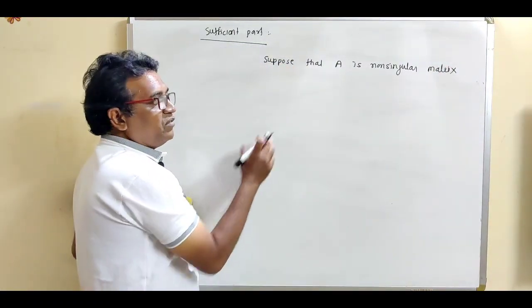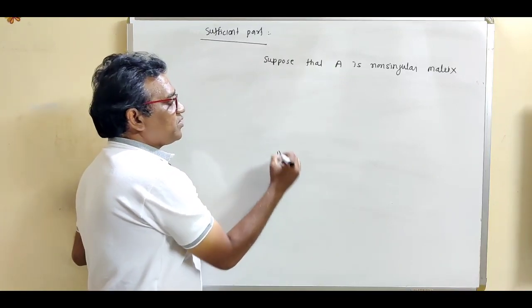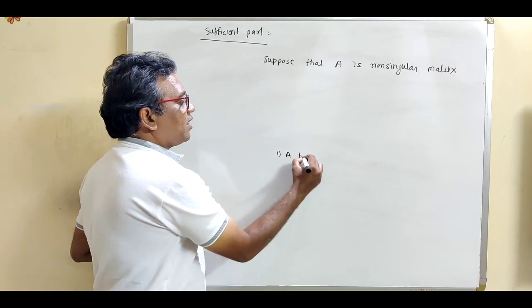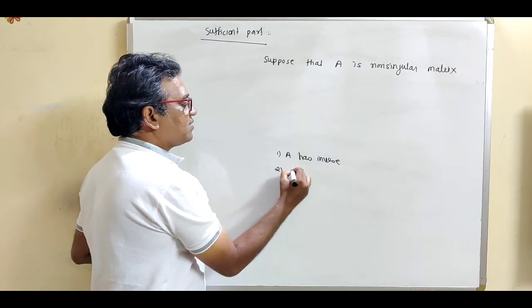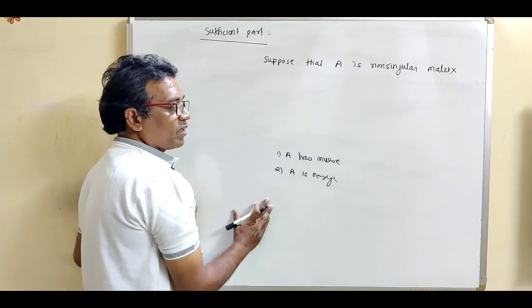So see what is the converse part? We have these two statements. Matrix A has inverse, this is the first statement, and what is the second statement? A is a non-singular matrix.